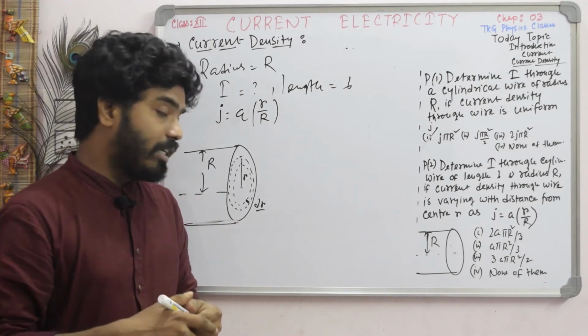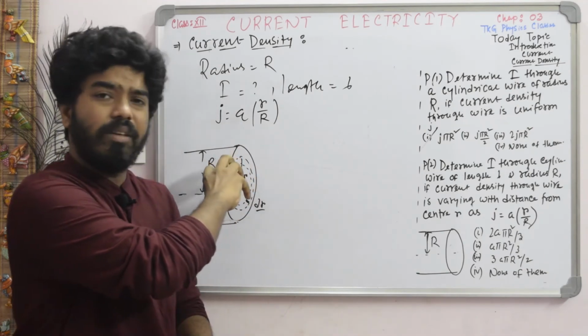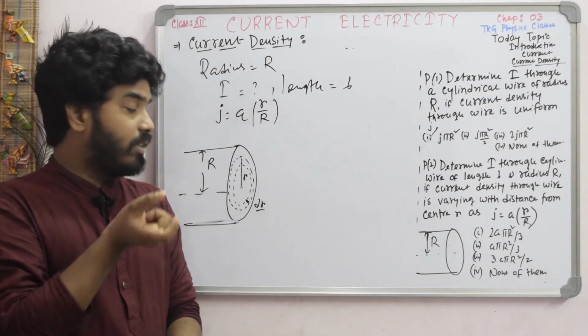So for measuring a small area of cross section you have to consider this ring of smaller radius and thickness dr.